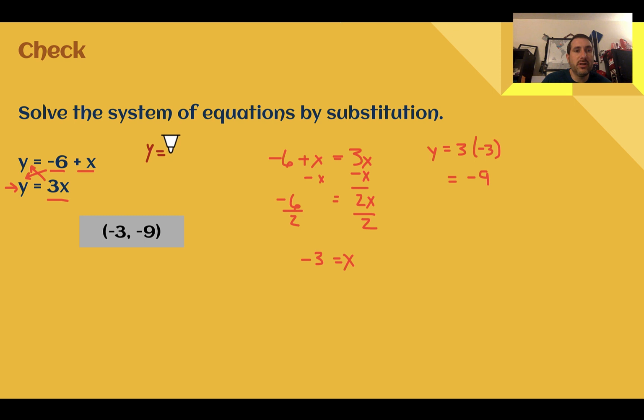Y is equal to negative 6 plus negative 3. If I add those together, I do get negative 9, which is what I got both times. And I already said that y was negative 9. That is true. So negative 3 for x, negative 9 for y.